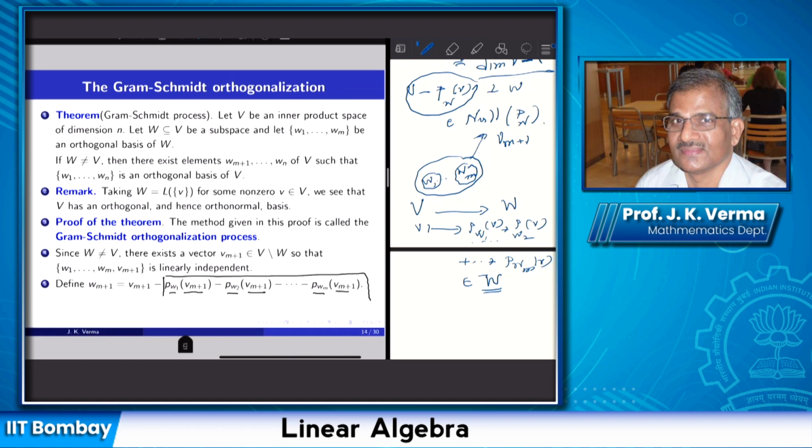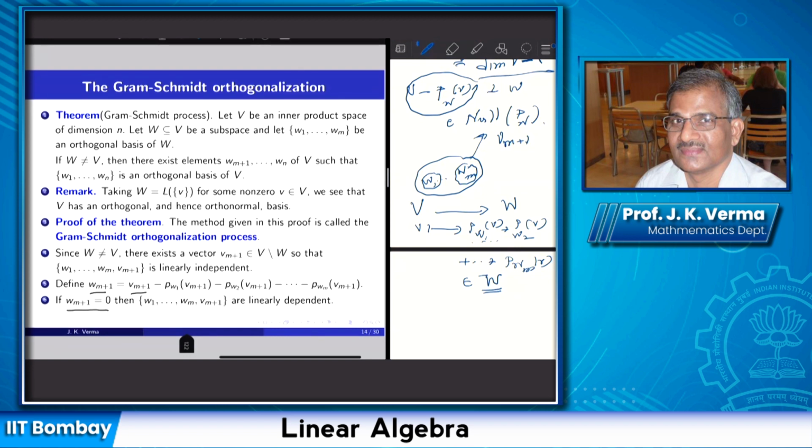So we take the projection of Vm plus 1 in each of these directions of the orthogonal basis of W, and subtract this from Vm plus 1. Now let us look at this vector. Suppose this Wm plus 1, after I subtract the projections in each of the directions, is 0. That means Vm plus 1 is a linear combination of W1, W2, Wm, which would say that Vm plus 1 is in the subspace W, but this is not correct.